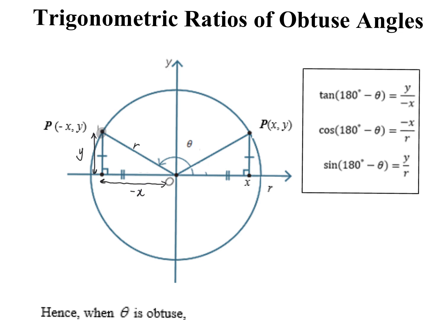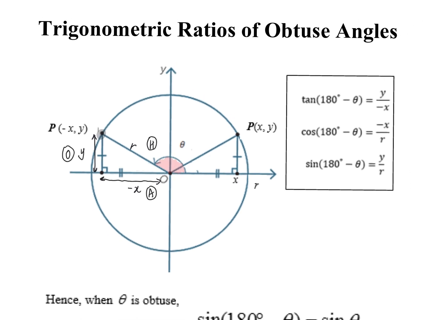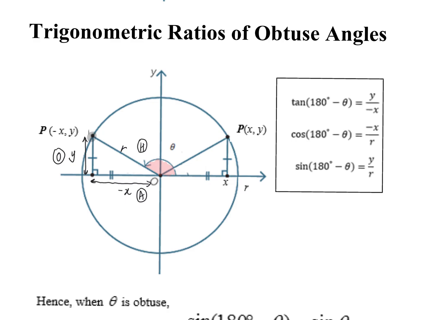This one also has no change because this is forever the radius, it's always positive. So if my angle becomes obtuse, more than 90 degrees, what happens to my H, A, O? We apply the same rule. So my H, A, O in this case will become what? What is my tangent now?